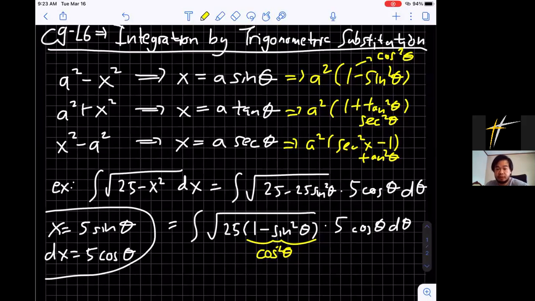The first one we use sine theta because 1 minus sine squared theta is equal to cosine squared theta. The second one we use tangent because 1 plus tangent squared theta equals secant squared theta. And the last one is secant because secant squared theta minus 1 is tangent squared theta.